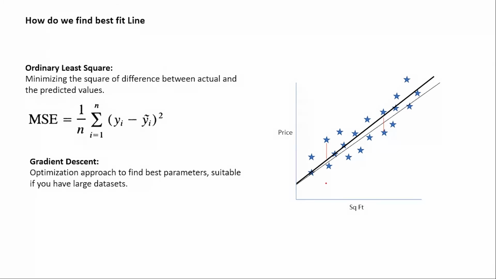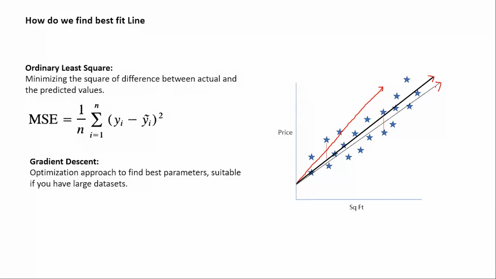So what do I mean by best fit line? Let's suppose we have some 15 to 20 data points here, and I can make a line like this, or like this, right? Or maybe another line like this. Which line is the best fit line for all these data points? How will I know that?